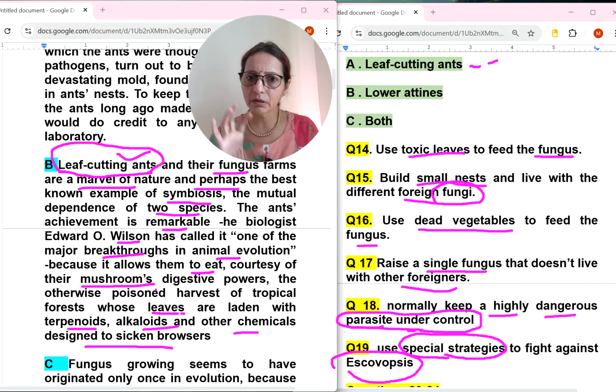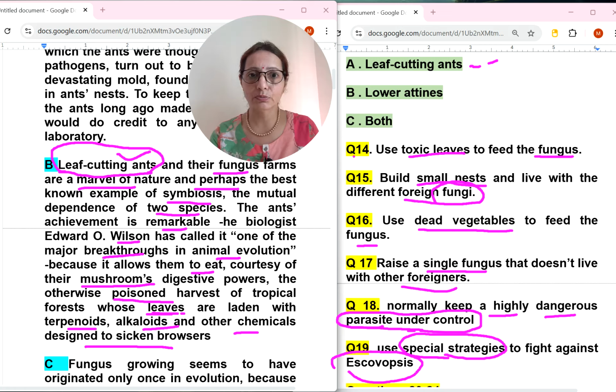No, here it is not given that mushrooms are dead. The otherwise poisoned harvest of tropical forest whose leaves are laden with toxins. So poisoned is toxic leaves. It is given to feed the fungus. So they are talking about feeding the fungus only.